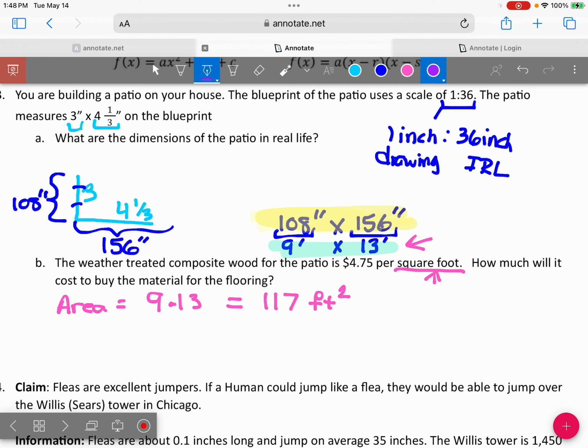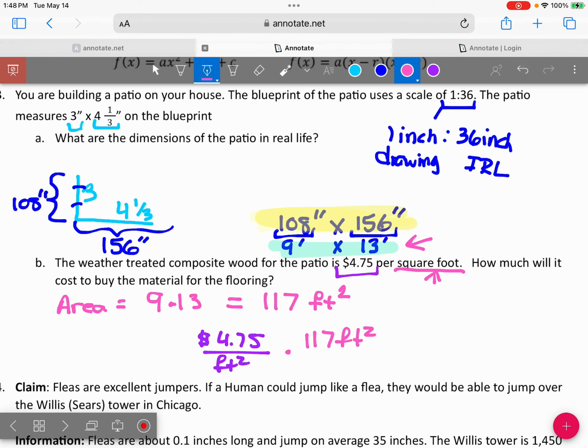If my flooring costs $4.75 per square foot, how can I find the cost of the floor? 117 times 4.75. Because my $4.75 per square foot times my 117 feet squared.